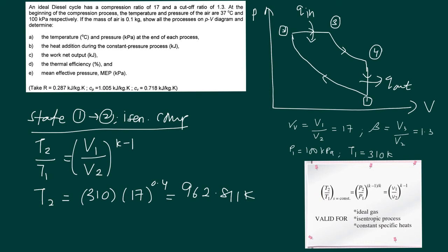Next, we are going to make use of this pressure and volume relation so that we will obtain P2, right? Because the first question is asking you to find the temperature and pressure at the end of each process. So you make use of this pressure and compression ratio relation, then you will obtain your pressure at 2.